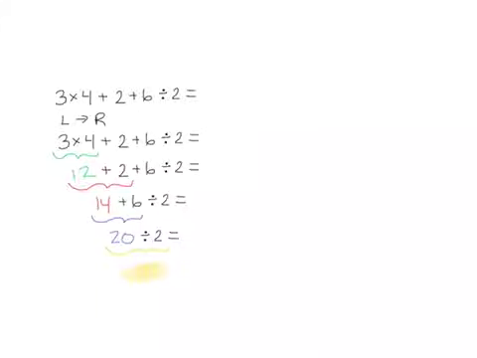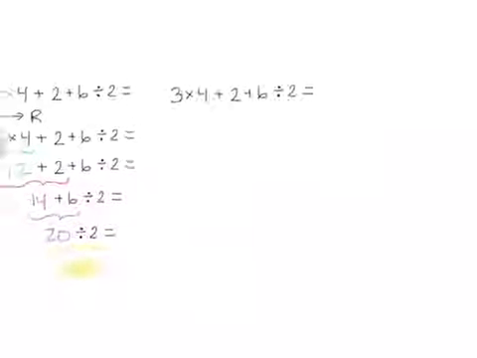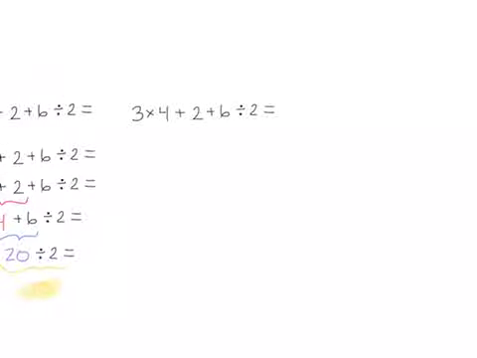Okay, so if we take this same problem and instead of doing it from left to right, we use order of operations, let's see what we get. Now, using order of operations, there's a mnemonic, PEMDAS.